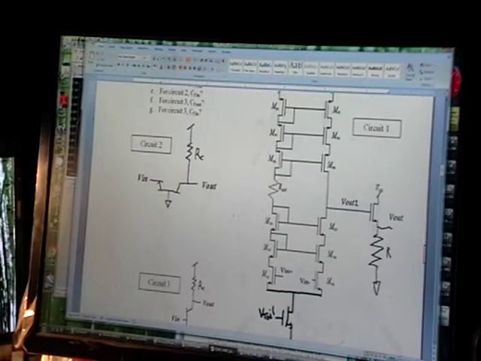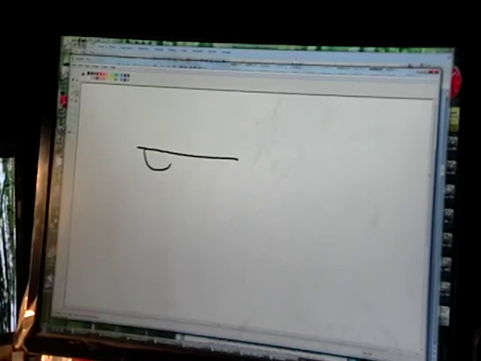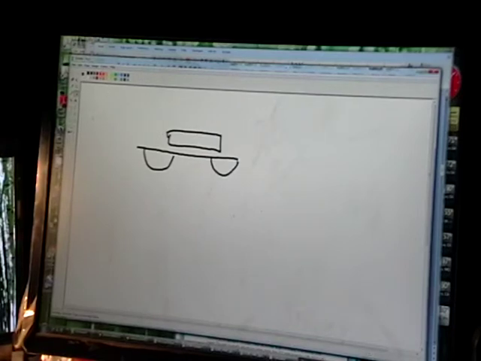So the thing to remember is, for a MOSFET, if this is the drain, sorry, I can't spell very well, and this is the source, this would be the gate.